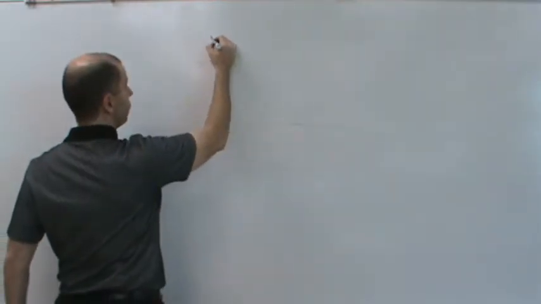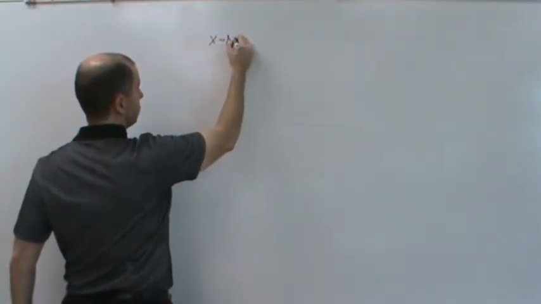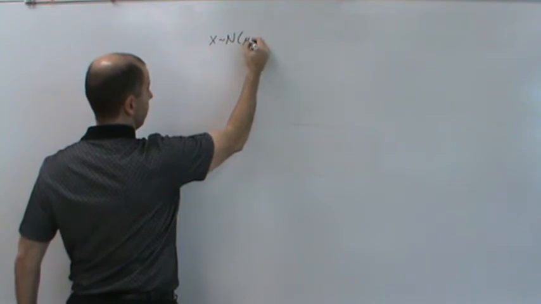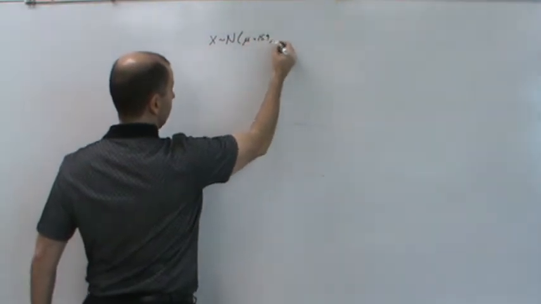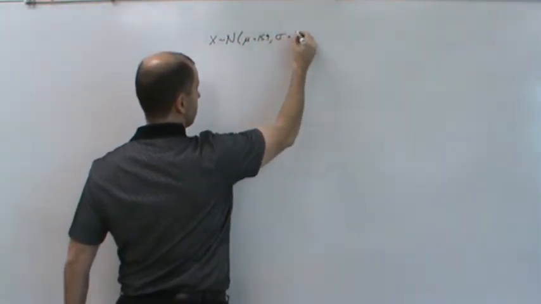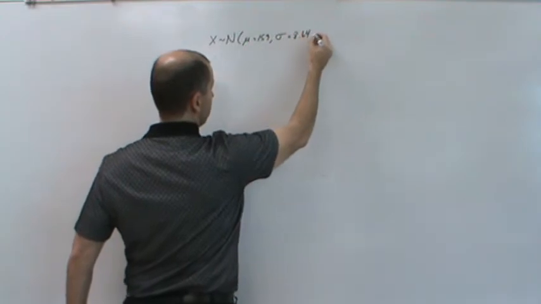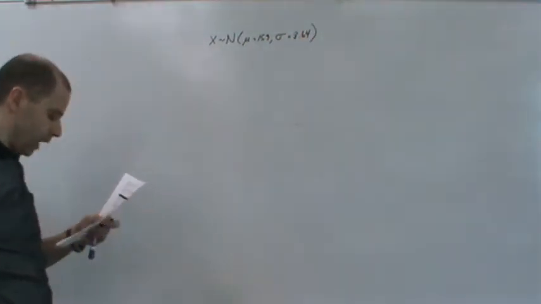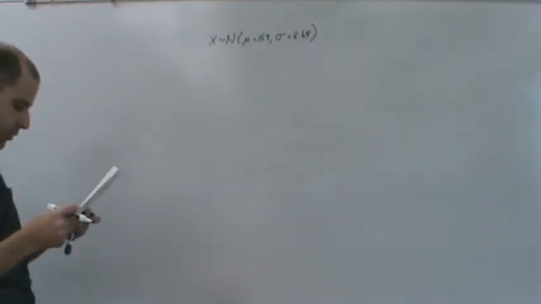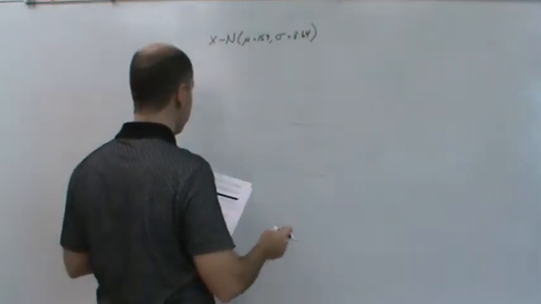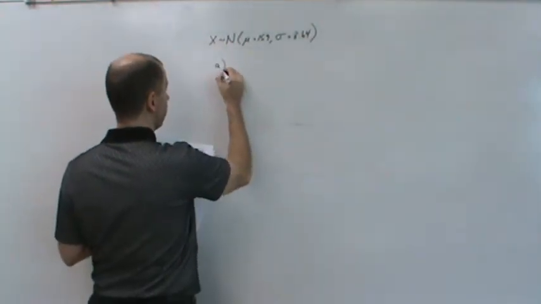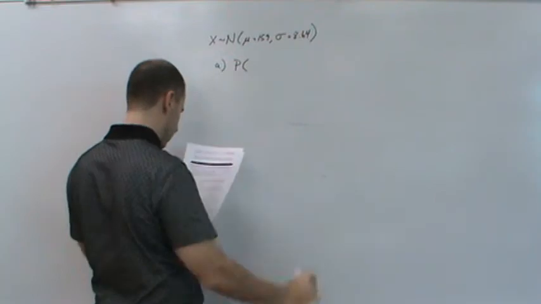X is approximately normal with a mean of 159 and standard deviation of approximately 8.64.